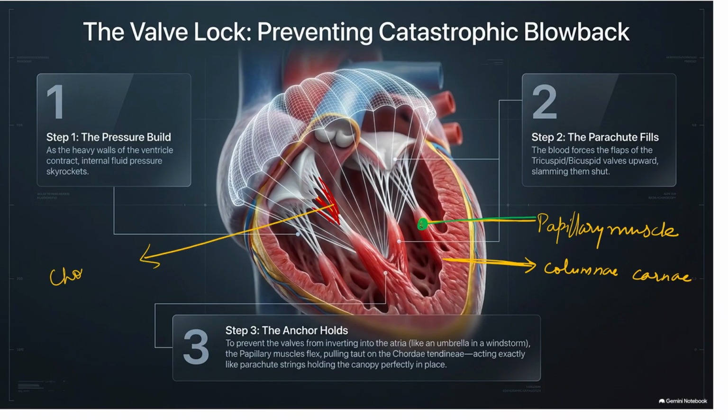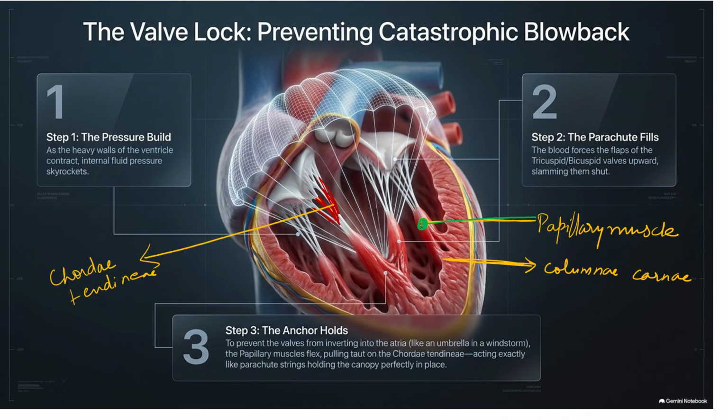The chordae tendineae are attached to the papillary muscles, and they work by holding it like a string.